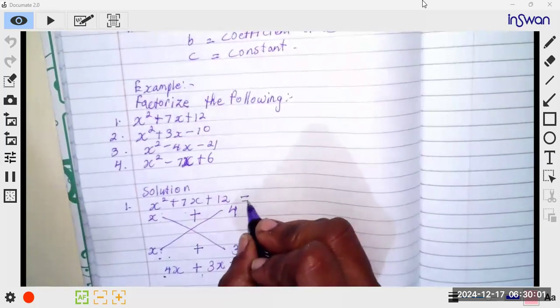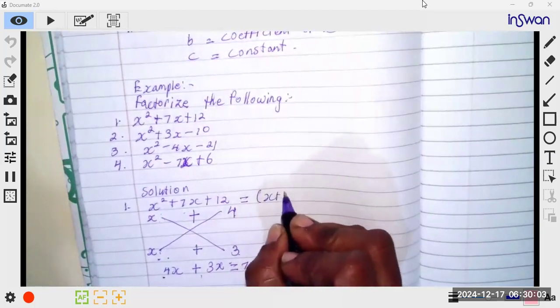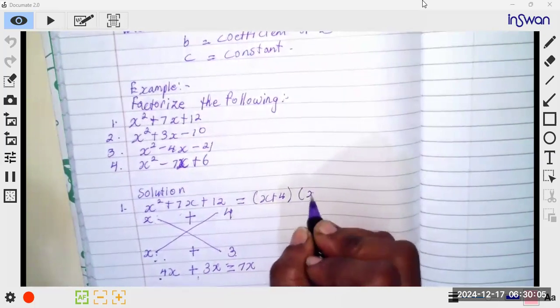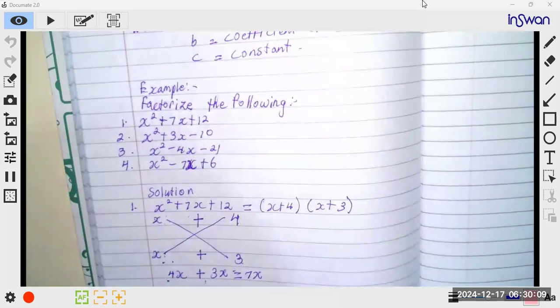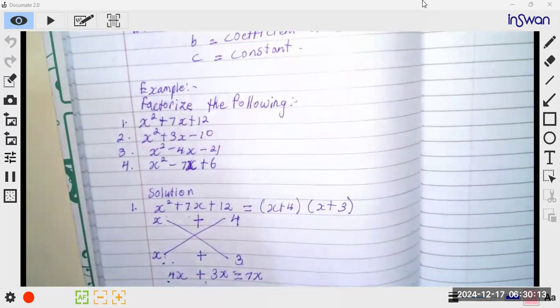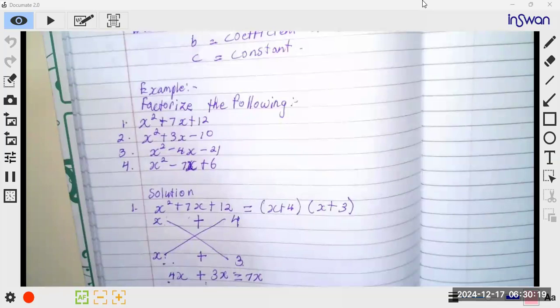So my final answer will be x plus 4 by x plus 3. Any questions concerning that? No, miss. Do you all understand that? Yes or no?